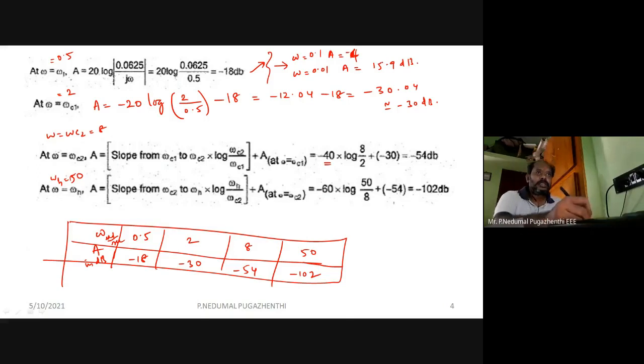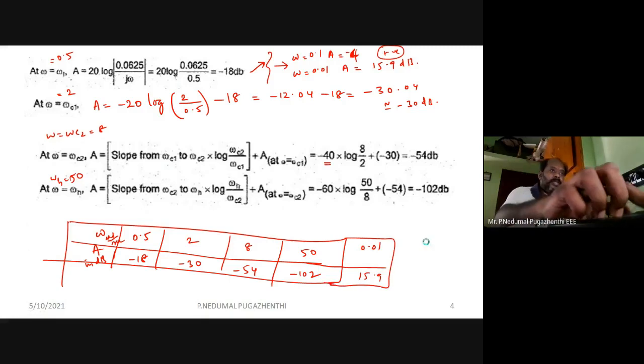Since this is positive and the other values are negative, I can add omega equal to 0.01, then I will have this 15.9. So that can be a useful number, right?